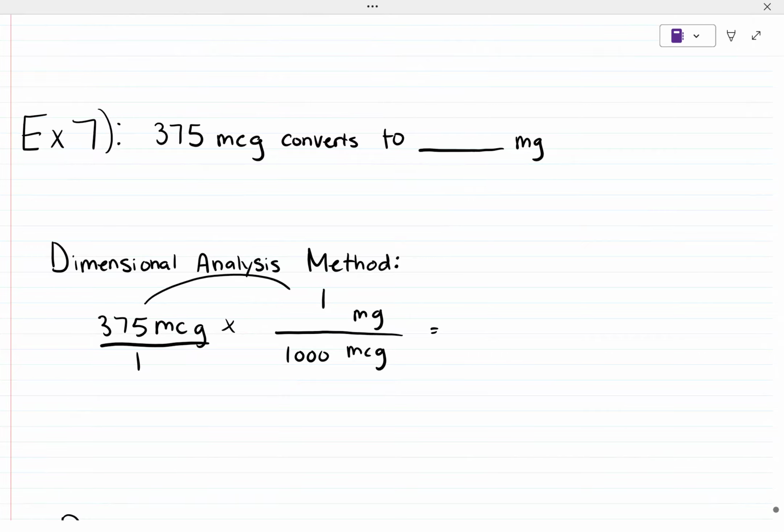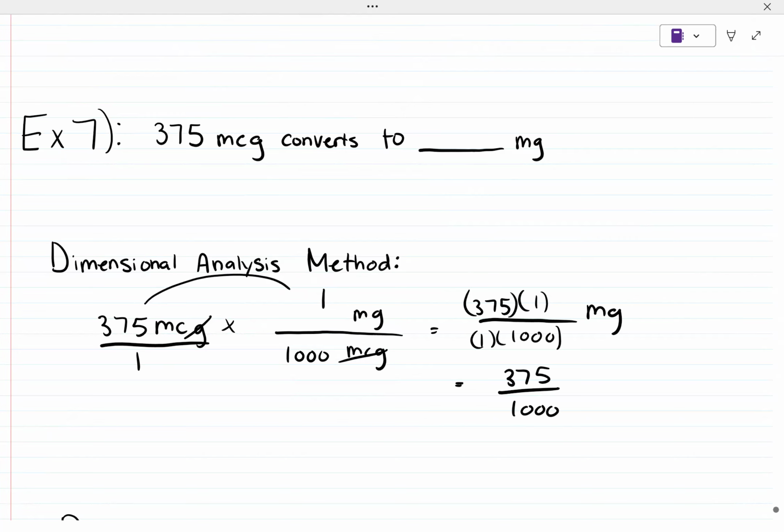So 375 times 1 is 375, and then on the bottom, what's 1 times 1,000? The mcg cancels, and then you're left with mg. So 1 times 375 is 375, and 1 times 1,000 is 1,000 mg.